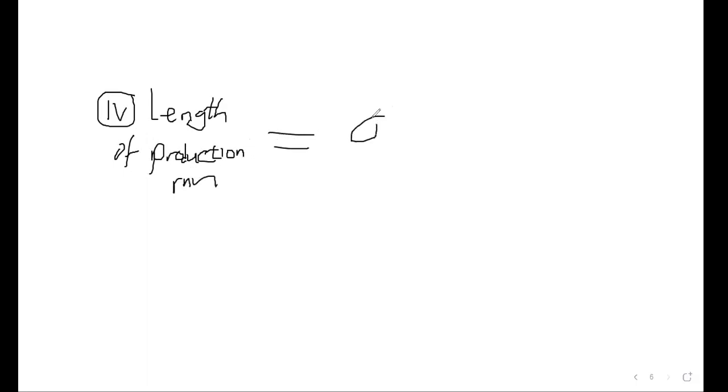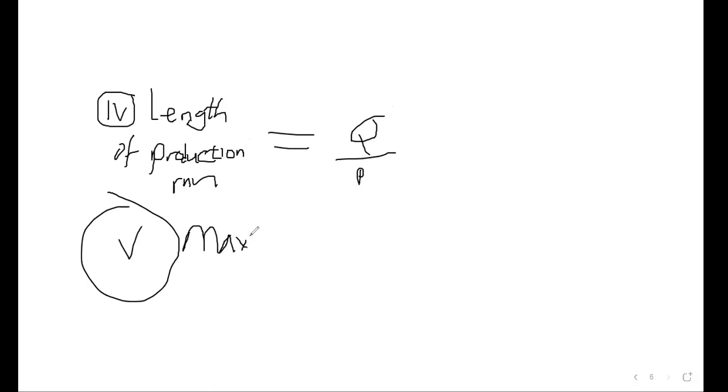So the length of production run is just Q over P. Number 5, we have maximum inventory level.